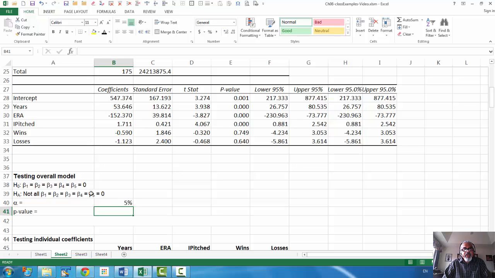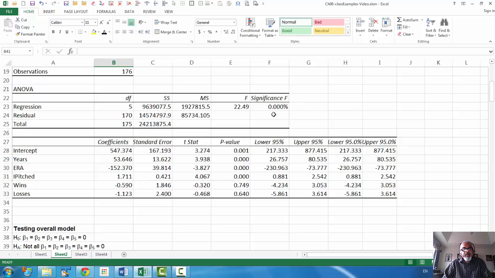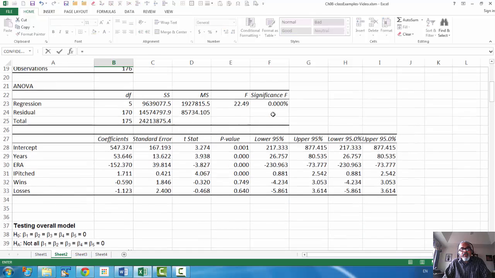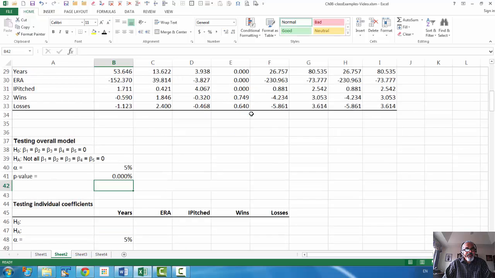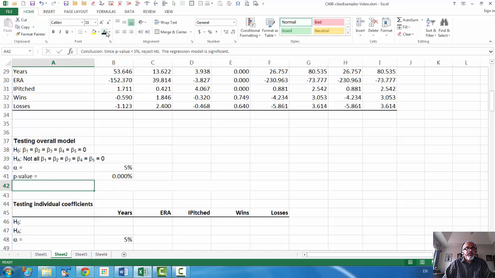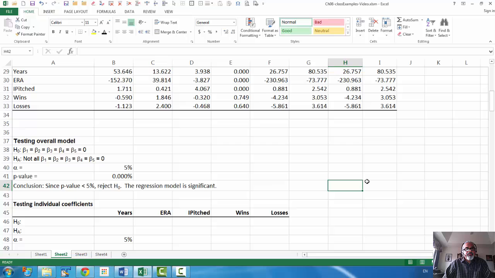And we know the p-value is already generated right there. So let's use that p-value. Okay. So our conclusion is reject the null hypothesis. And the regression model is significant.